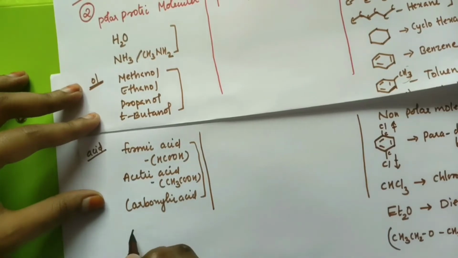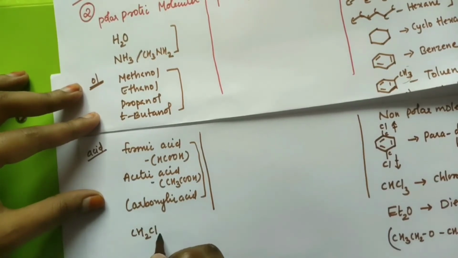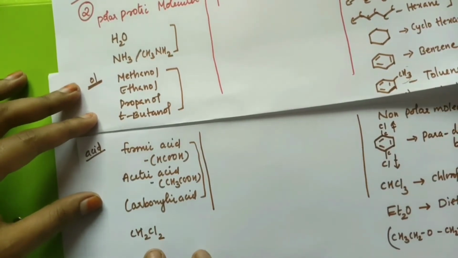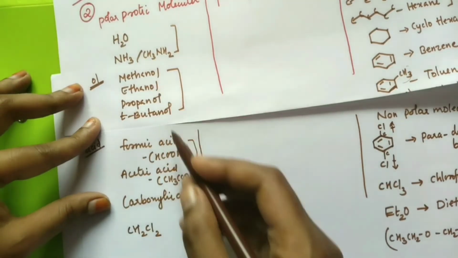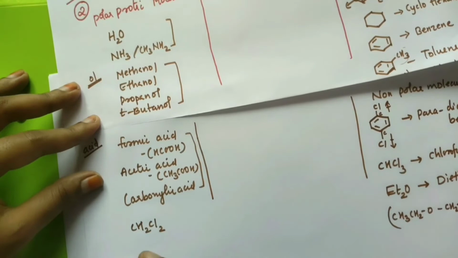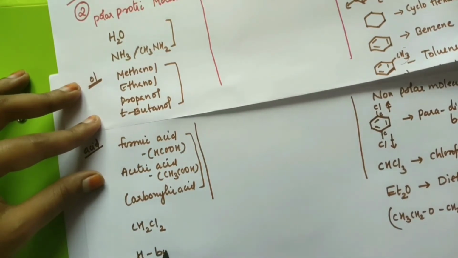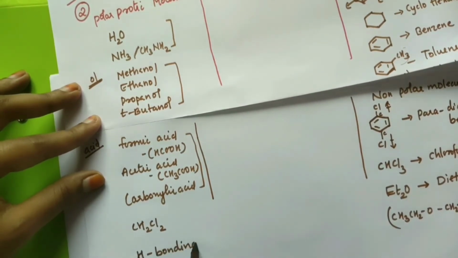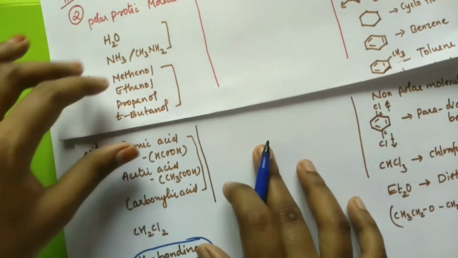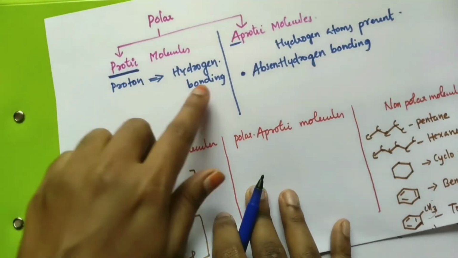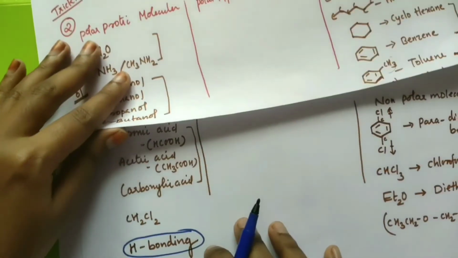You also have to remember CH2Cl2 is also a polar protic molecule. You can see that all these polar protic molecules have hydrogen bonding. As we said earlier, protic molecules have hydrogen bonding.